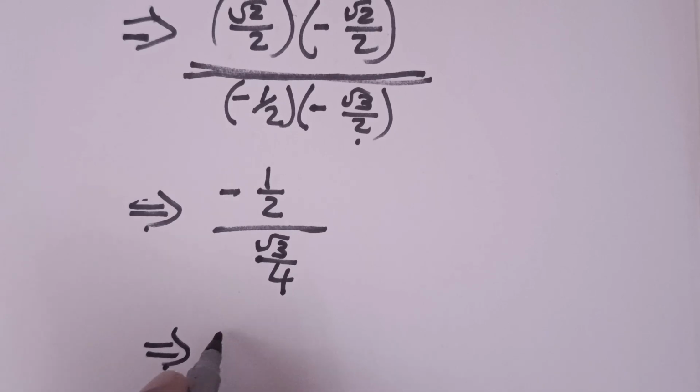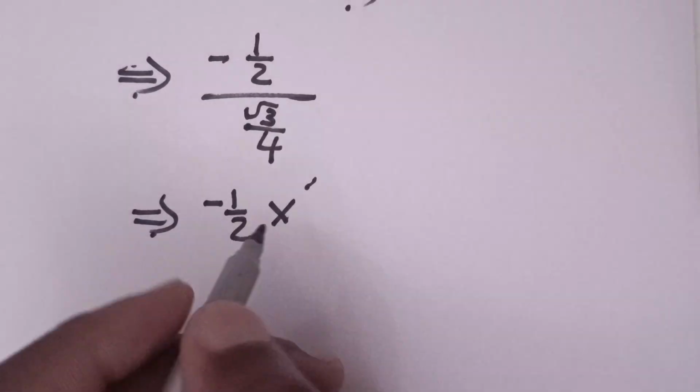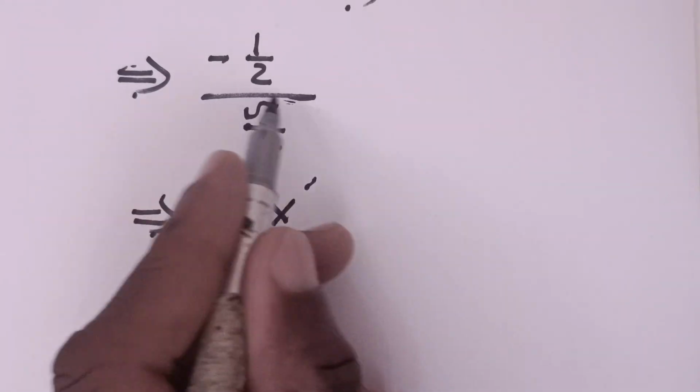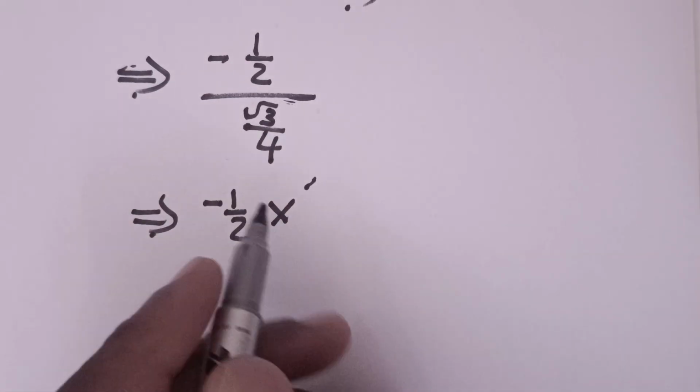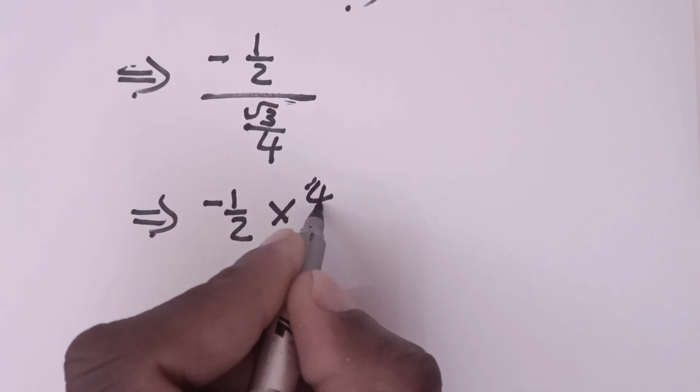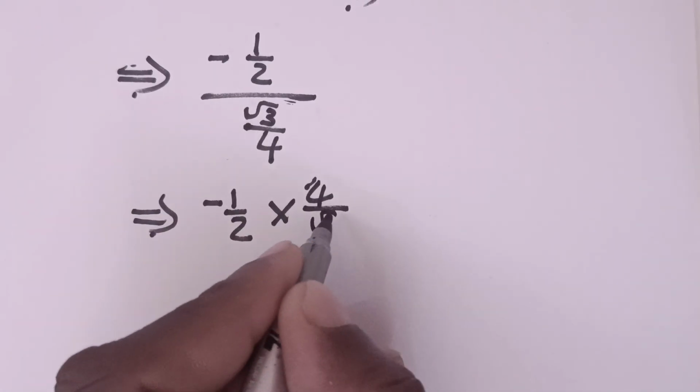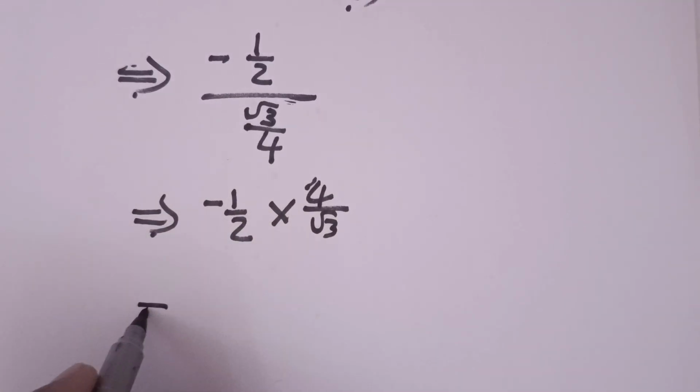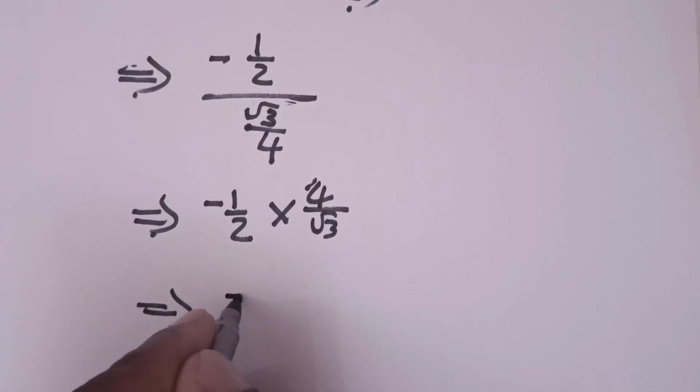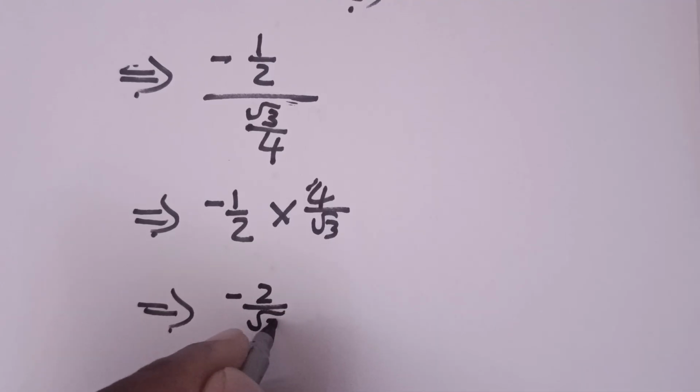People would ask, how are you going to get there without using a calculator? Remember, whenever you change the division to multiplication, this is transposed. This is a little bit of beautiful algebra that I'm reminding you of. That should give you minus 2 over root 3.